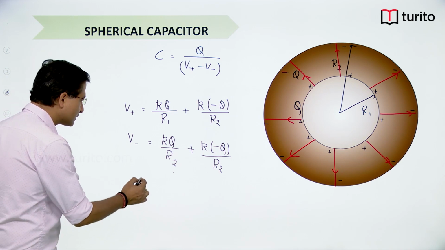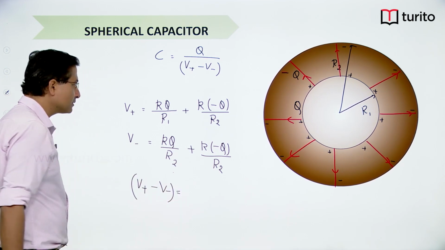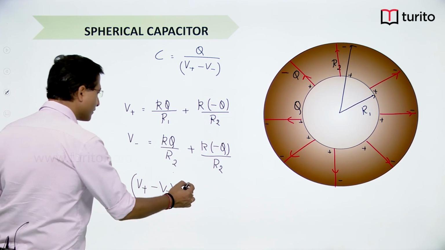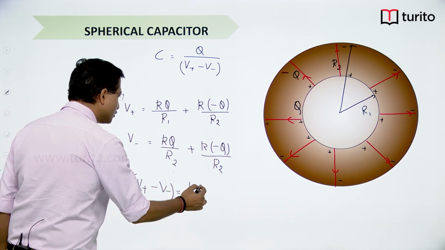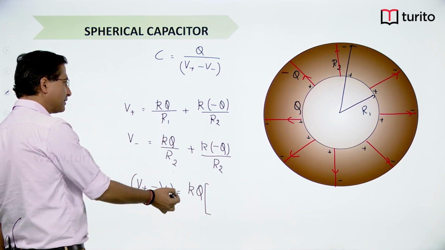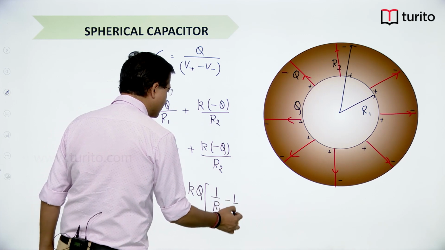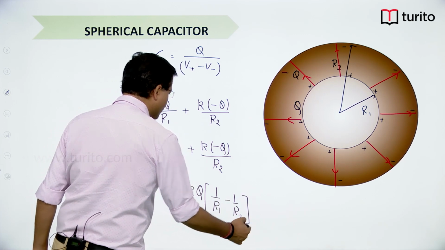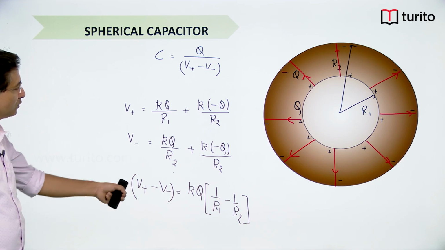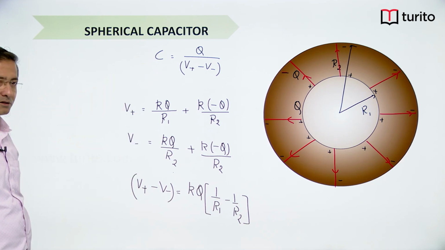So, V plus minus V minus, what we are getting is kq, plus then minus minus, right, 1 upon R1 minus 1 upon R2. If I substitute this here and simplify, I will get the capacitance.